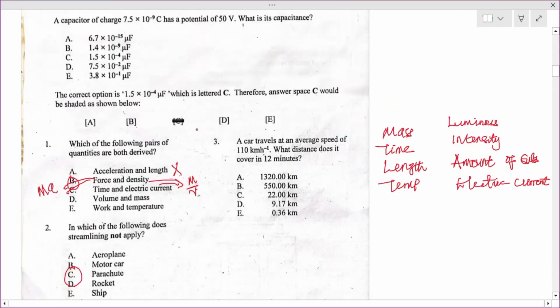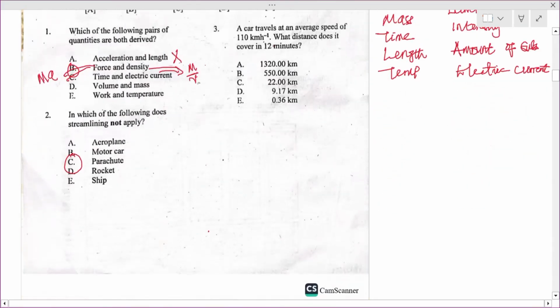Question 3 says, a car travels at an average speed of 110 kilometers per hour. What distance does it cover in 12 minutes? Your average speed is given in kilometers per hour, and the answer is in kilometers, so you have to convert the 12 minutes into hours. Remember, 1 hour is equivalent to 60 minutes.